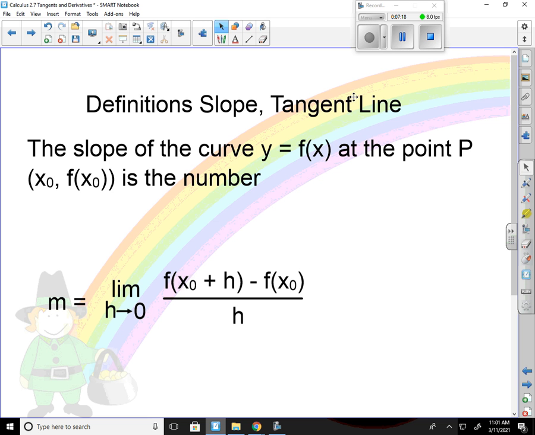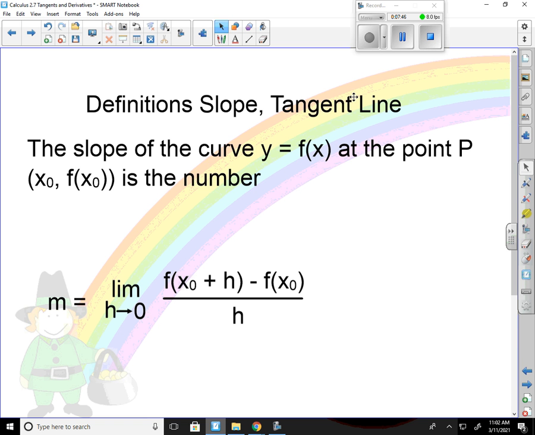The slope of the curve y equals f of x at the point where we just have some random x we plug in and find a y, is the number m equals the limit as h approaches 0 of f of x naught plus h minus f of x naught, over h. In other words, h is our gap between P and Q along the x.